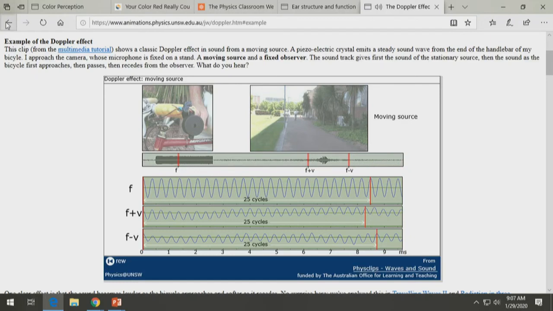And it doesn't matter, we typically do the Doppler effect with a siren or a horn honk, right? I've heard the Doppler effect with geese. I've heard the Doppler effect with babies crying. Heard the Doppler effect with a variety of different things. You can create the Doppler effect with an open tube.